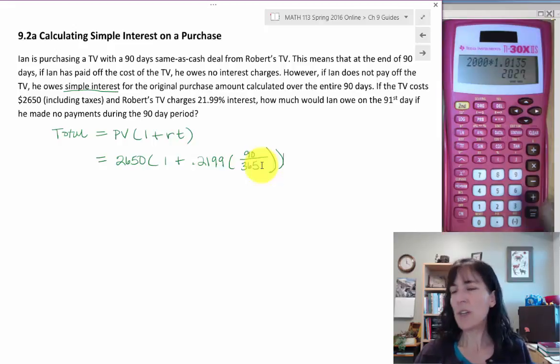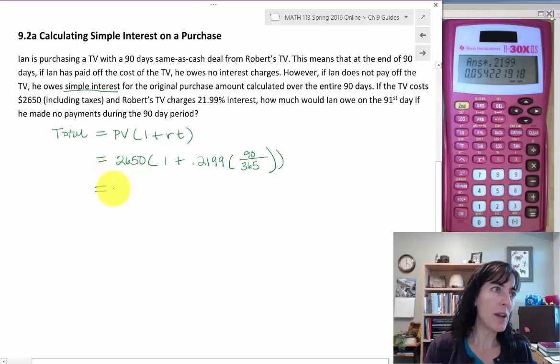So watch how I do this. Start with 90 divided by 365. And you can see I have a lot of decimal places there. And then I just want to multiply by, here I can either put it in as 21.99 with the percent sign, or I can put 0.2199, which I'm going to do. And then do an equals.